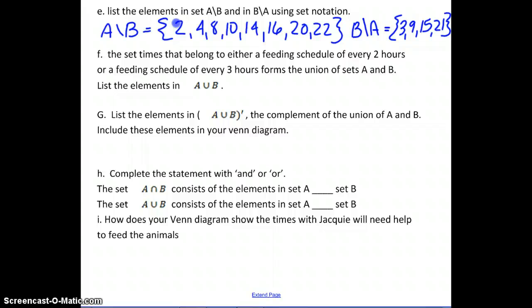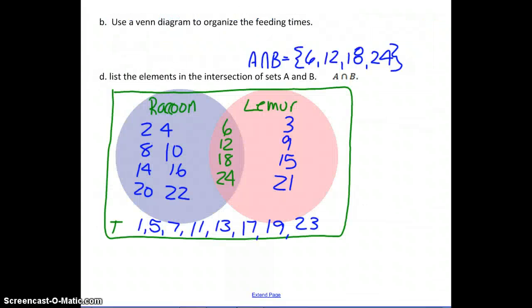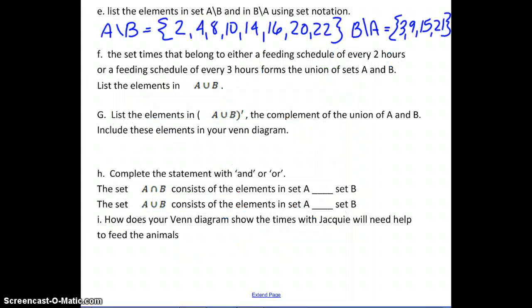Then we're looking at the ones that could be either A or B. That means all of them. All the ones that are in A or B is any of the numbers within these two circles. So this set, A union B, is a real big set: 2, 3, 4.